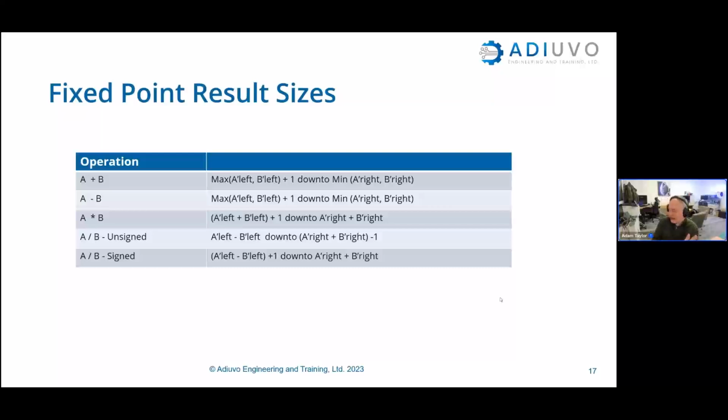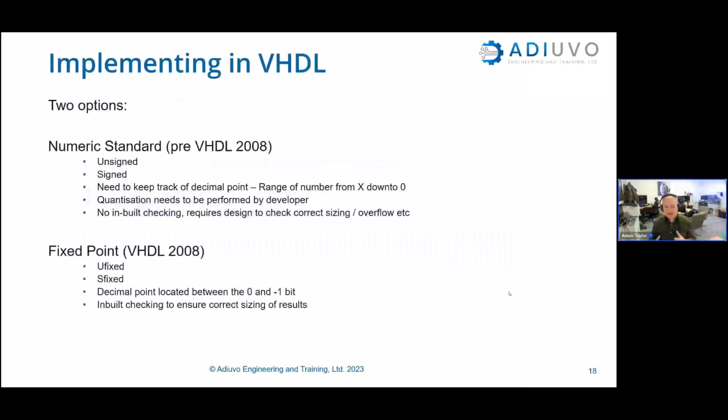This is one of the challenges when we're doing FPGA maths: we have to make sure we get the right resultant vector to store the result that we want. If we get it wrong, the synthesis tool might complain, or it might not, and we might get the wrong result out of it.